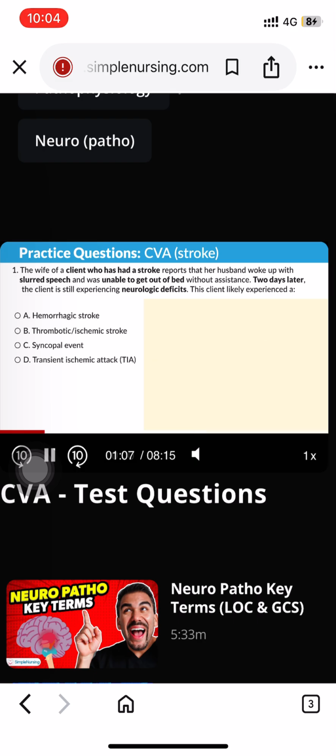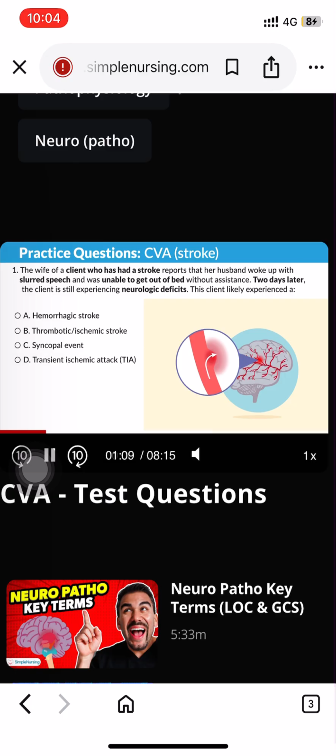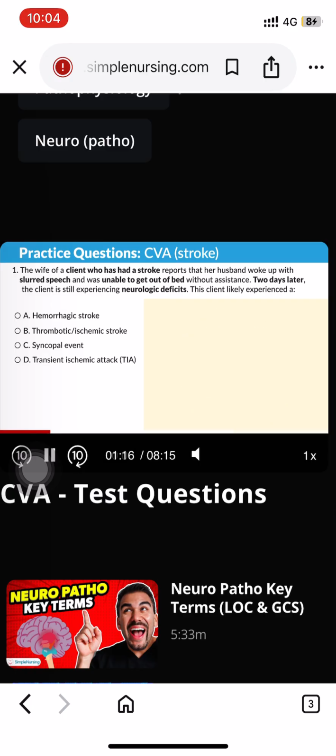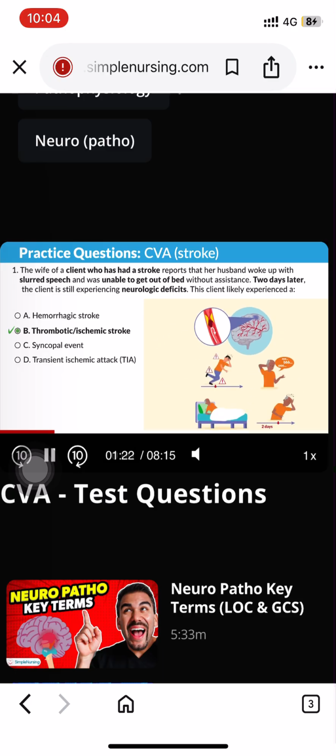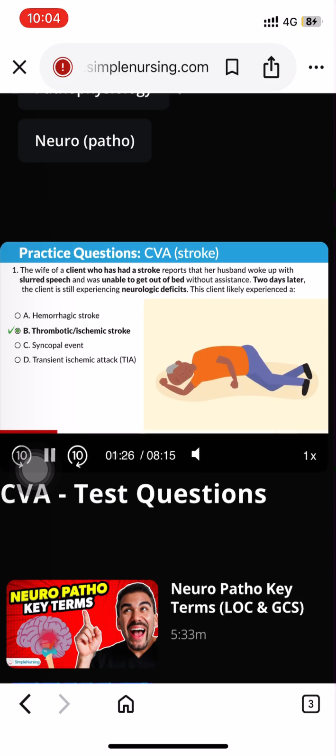So looking at the options here. Option A, hemorrhagic stroke, is incorrect. There's no mention of that severe headache. Now option B, thrombolytic ischemic stroke. So yes, this is the most correct, as all the signs and symptoms are classic manifestations of a CVA stroke. Now options C and D are incorrect because a syncopal event is fainting.